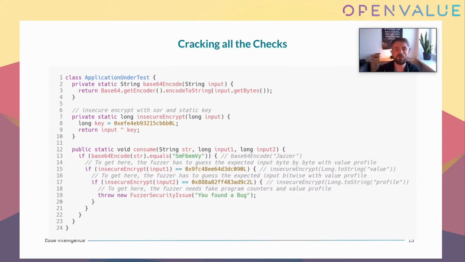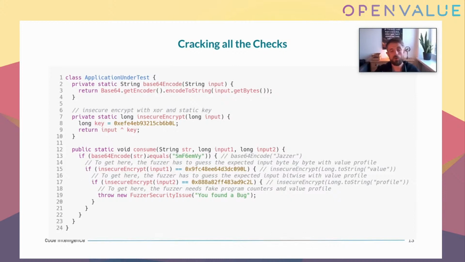To get to this line 19 here, the fuzzer has to crack a lot of checks. I think this example shows the capabilities and gives you a good feeling for what fuzzing can achieve.